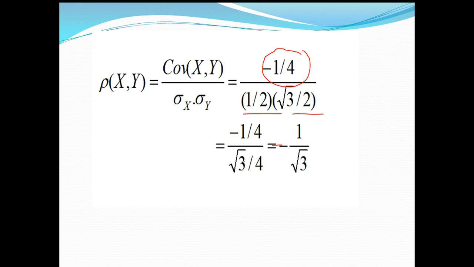On simplifying this, 1 into root 3, 2 into 2 it is 4, minus 1 by 4 divided by root 3 by 4. Therefore 4 and 4 get cancelled, we get minus 1 by root 3. So this is the correlation of x and y.